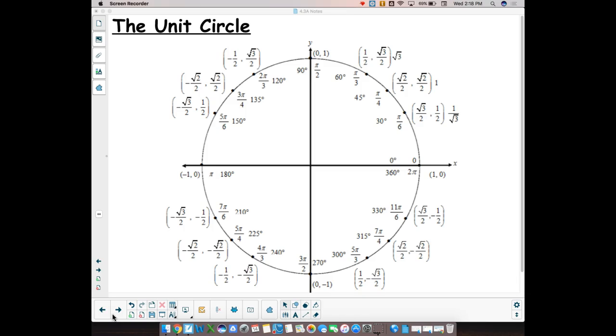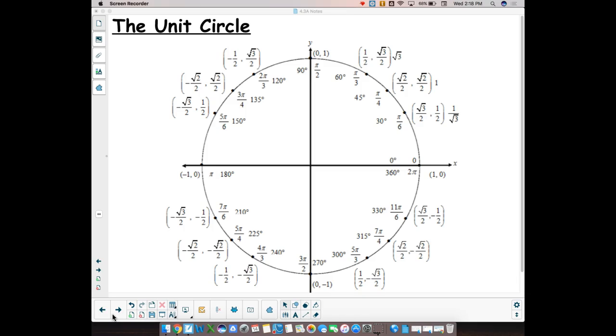Okay? So that doesn't mean that you shouldn't start memorizing it, though, because you should memorize it. And remember what I told you yesterday in class. If you had me in class yesterday, really you only got to memorize 2 points, right? Memorize the 30 degree or the pi over 6 point and the pi over 4 point. Okay?